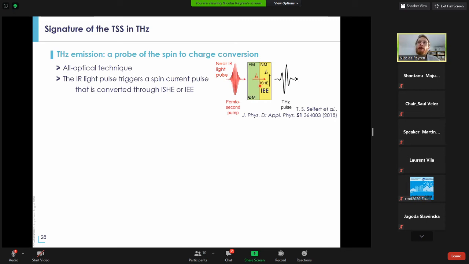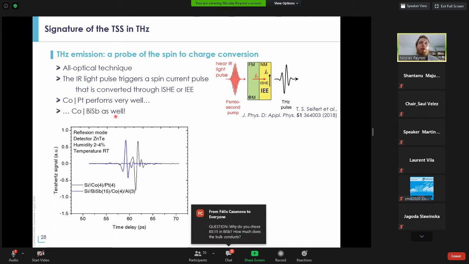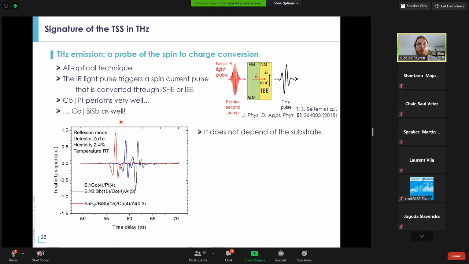It can be generated by the inverse spin Hall effect for the case of cobalt platinum, which performs very well. It's one of the materials that is known to work well for this terahertz conversion. And you see that cobalt bismuth antimonide, the interface between cobalt and bismuth antimonide, works very well as well. This does not depend on the substrate.